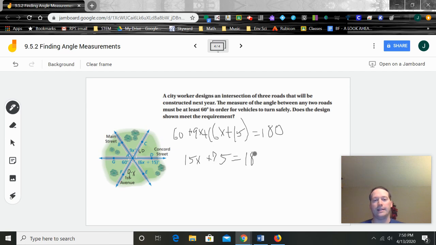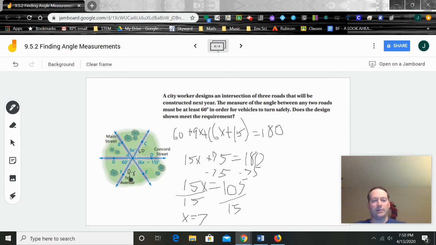And that equals 180. Subtract 75 from both sides. Oops, 5 does not look like a 5. We get 15x equals 105. Divide both sides by 15. And x equals 7.